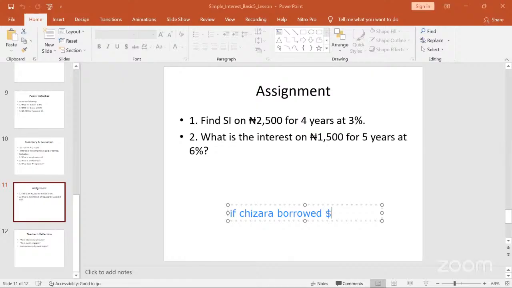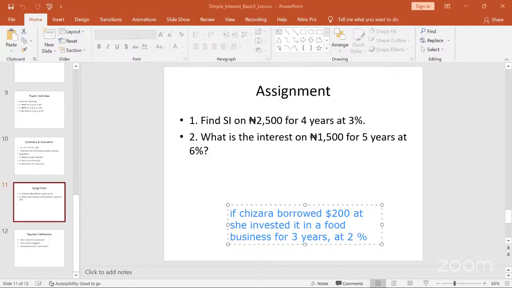If Chizara borrowed $200 and she invested it in a food business for 3 years at 2% rate, find the simple interest.